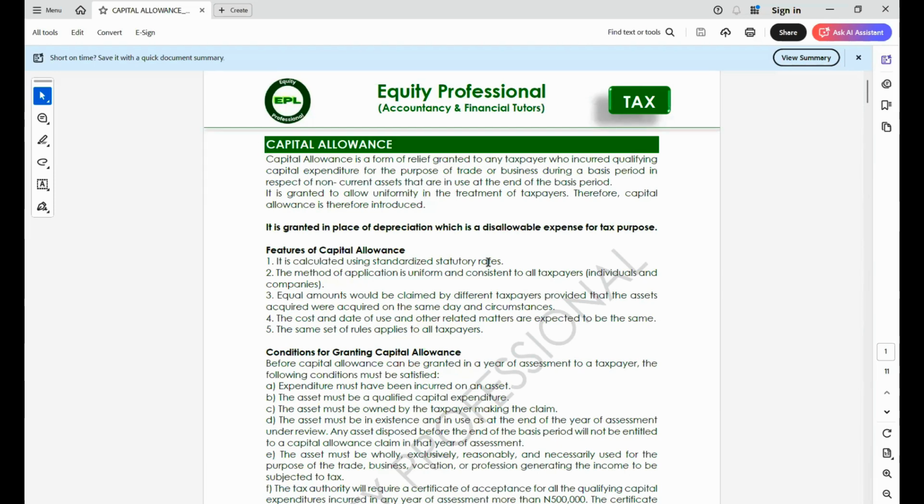Where you buy a motor vehicle, company A and company B, the same rate will be adopted for each of the companies. Then the method of application is uniform and consistent to all taxpayers, so the same way will be adopted. The same way I'm applying for A is what I'm going to apply to the transaction of B. Each amount will be claimed by a different taxpayer, provided that the assets were acquired on the same day and under the same circumstances.